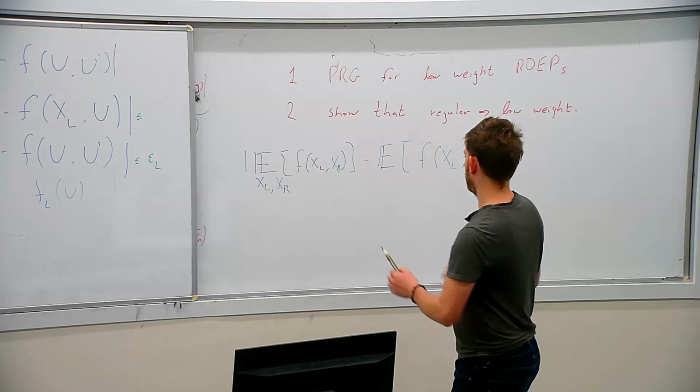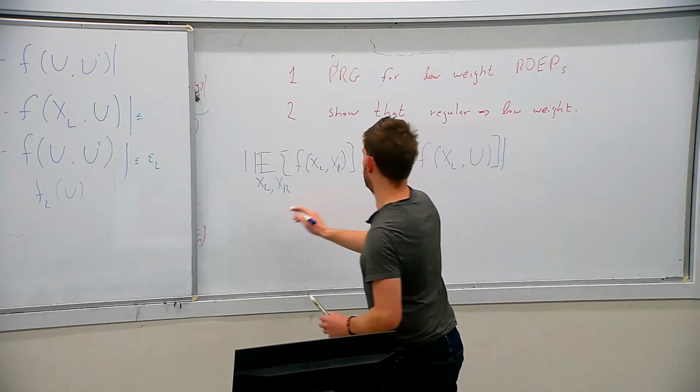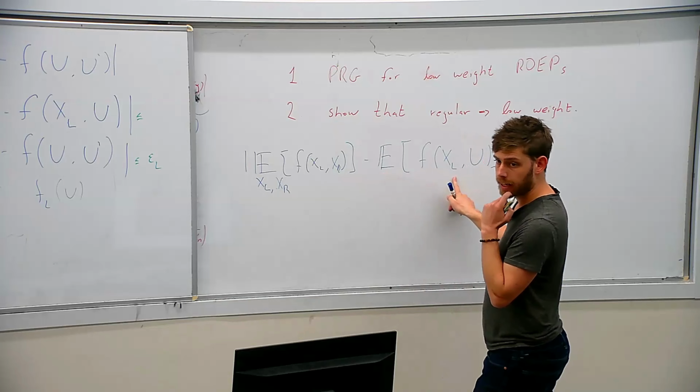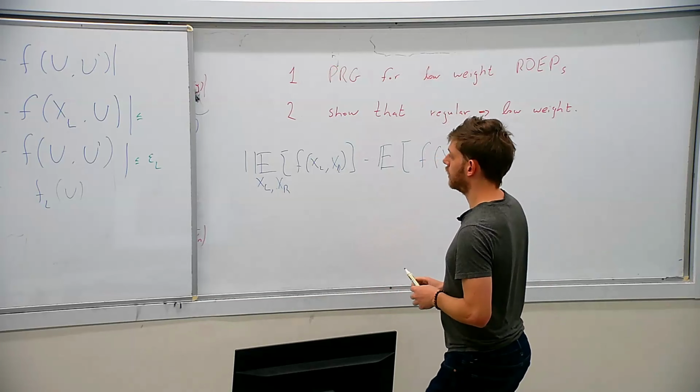Okay, now this is at most, take the expectation over XL outside. XL is like the output of the INW, right?